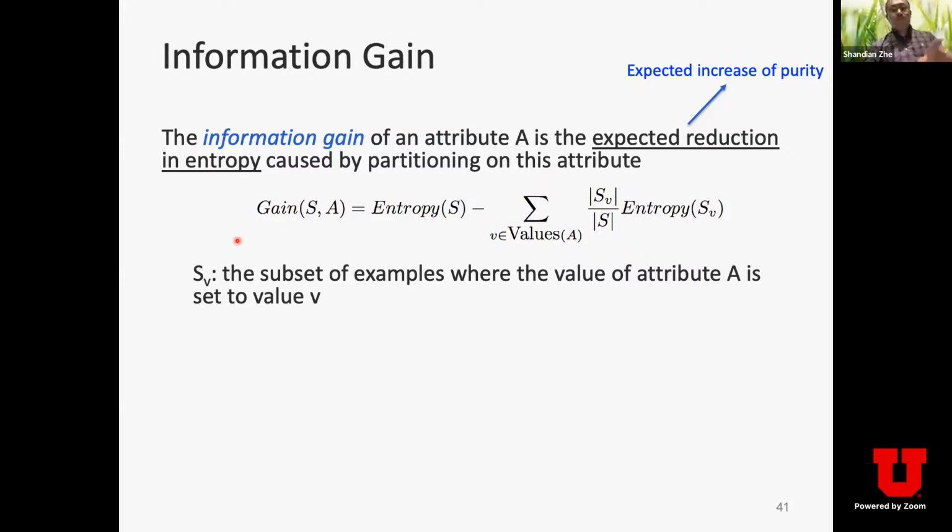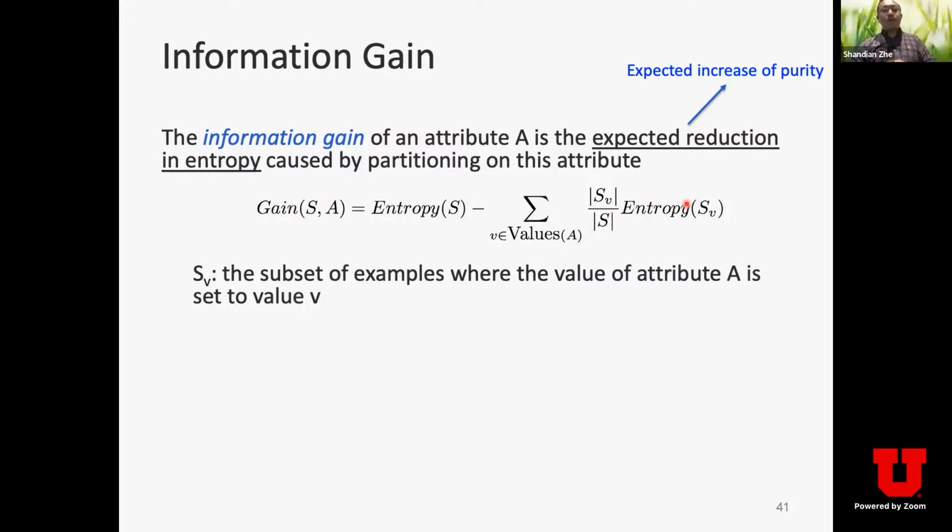So again, this measures: before we split the data set S with A, what is the global uncertainty about the labels in S? Now I use A to split S. I get a bunch of subsets, S1, S2, S3, and each subset has its own uncertainty about its labels.